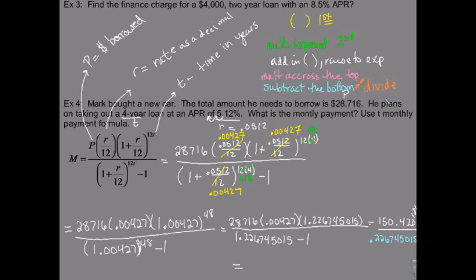So last we divide. So I'm going to divide 150.420186, and I'm going to divide that by 0.226745015.